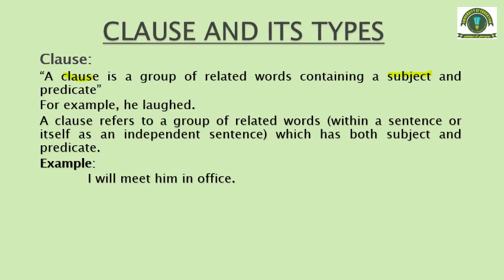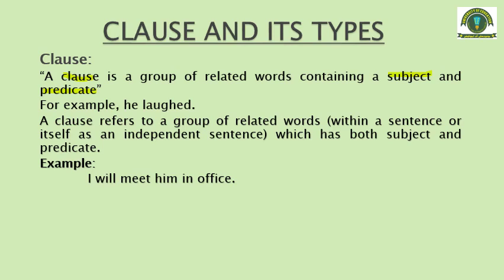And the second part that is necessary in a clause is called predicate. It looks strange, but predicate is nothing other than a sentence containing a verb. The part of the sentence that contains verb is called predicate. So we come to know that for a clause there are two necessary conditions.